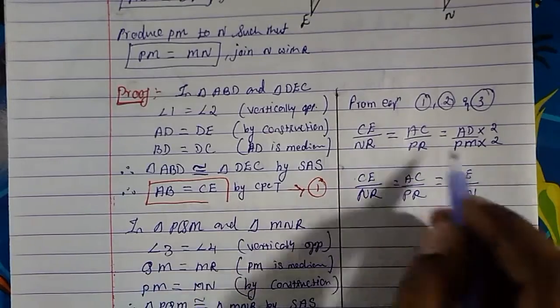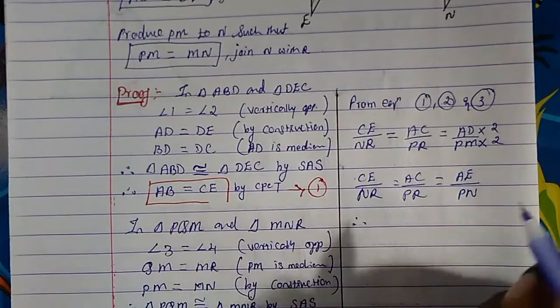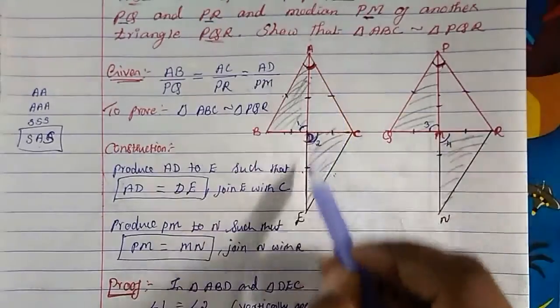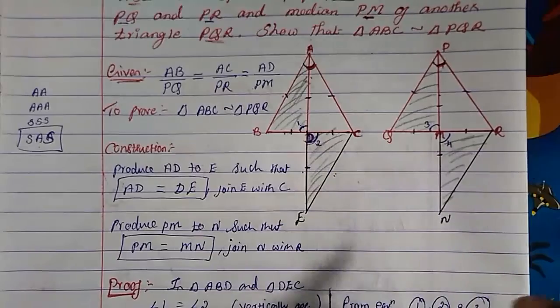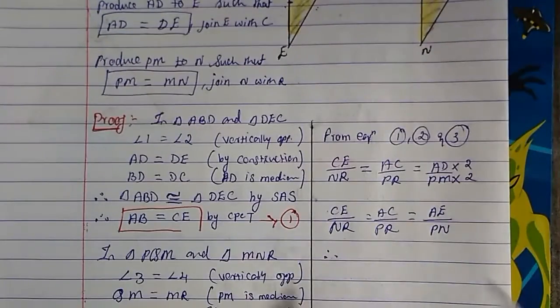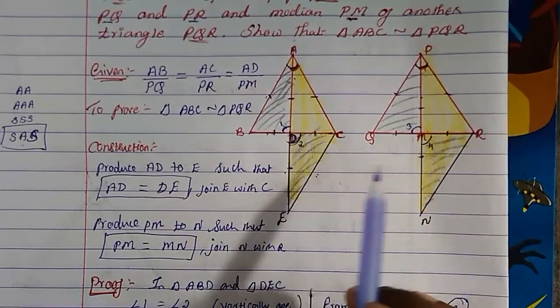Okay, now all three side ratios are equal, therefore we can say that these two triangles are similar.